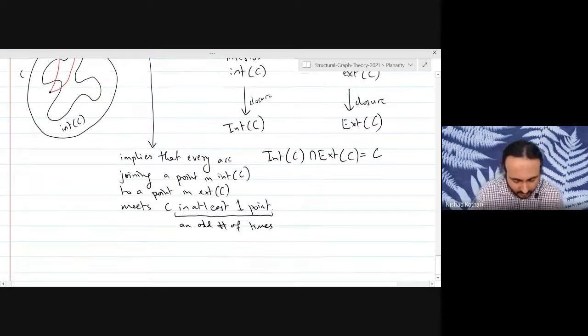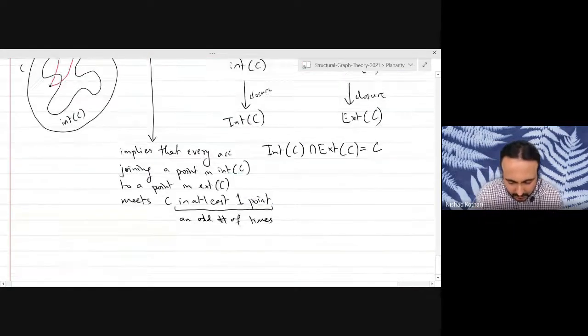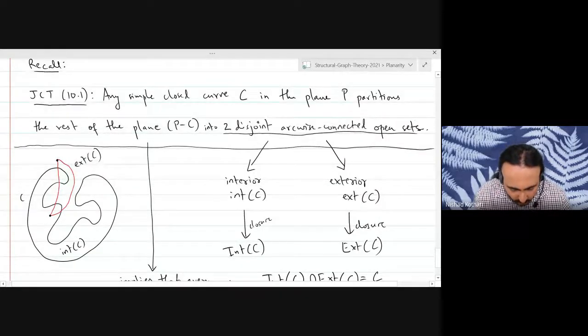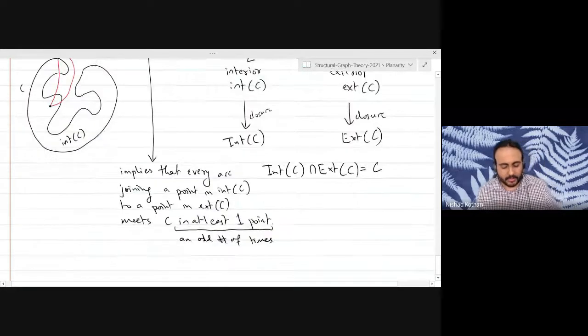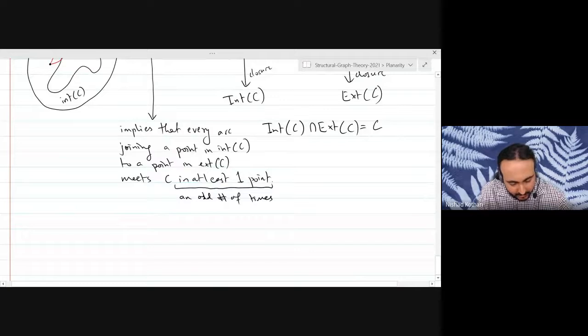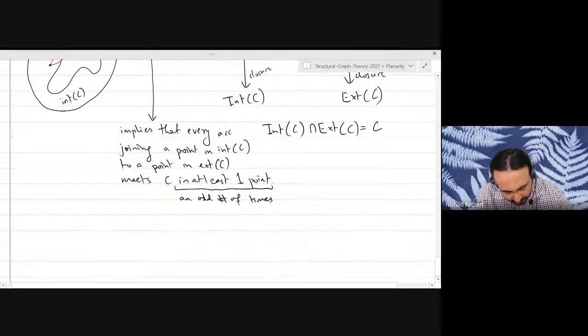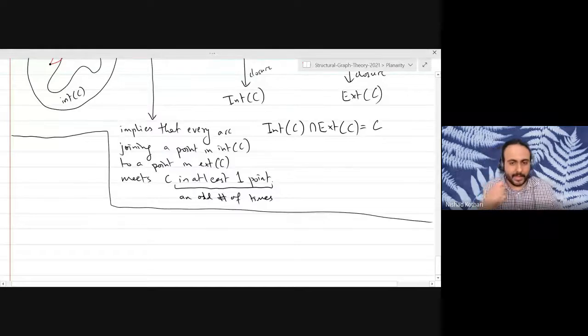All right. So why do we care so much about the Jordan Curve Theorem? Well, you see, if you take a planar embedding of a planar graph, in fact, let me introduce one more terminology. Rather than always saying a planar embedding of a planar graph, we will use the term plane graph.